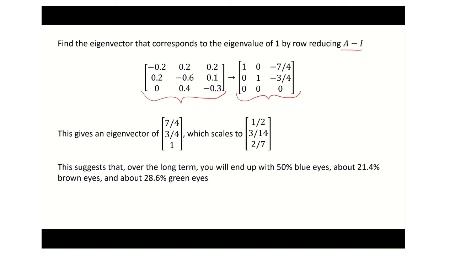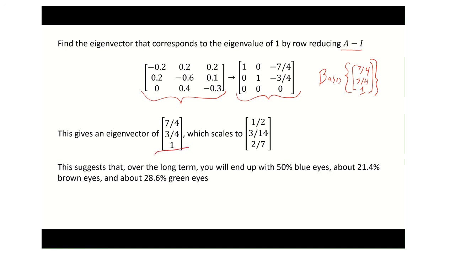This gives you 1 free variable. So that means that the basis has 1 vector. The basis of the eigenspace is the basis of the null space, which is the vector (7/4, 3/4, 1). Again, normally you do that by writing down the equations, but I've just jumped to writing down the basis.